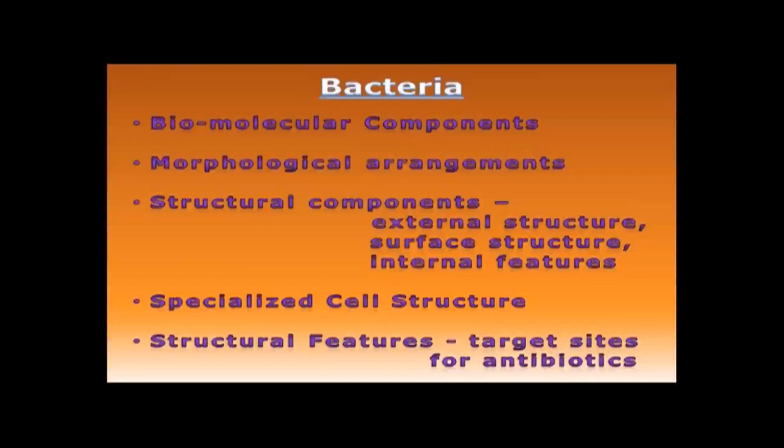I have talked about the morphological content including size and shape of the bacteria. I have talked about the structural components including the cell surface appendages, the cell surface and the cytosolic components including the inclusions. I have talked about the structural components which act as the target site for antibacterial drugs called antibiotics. Thank you.